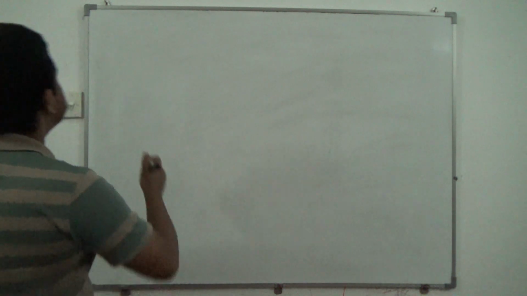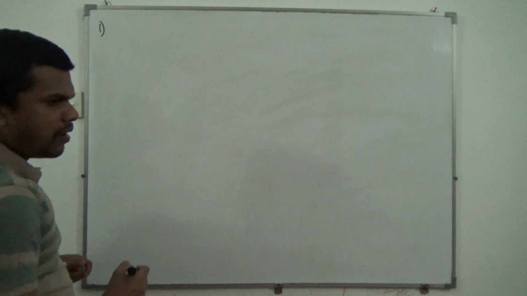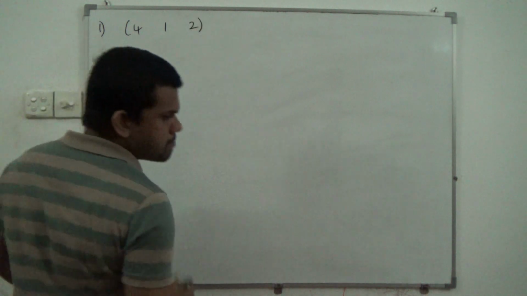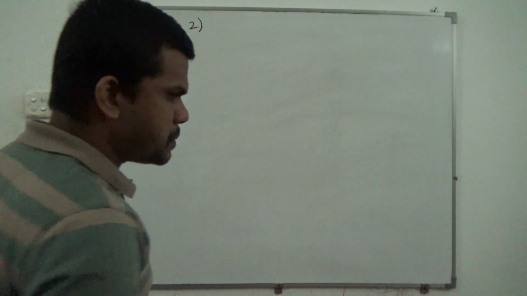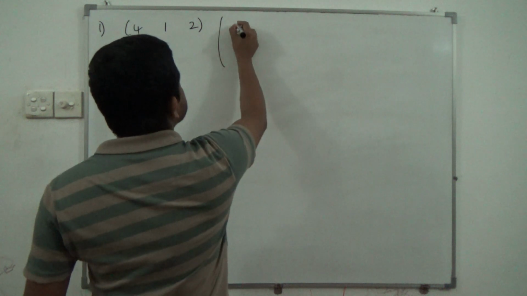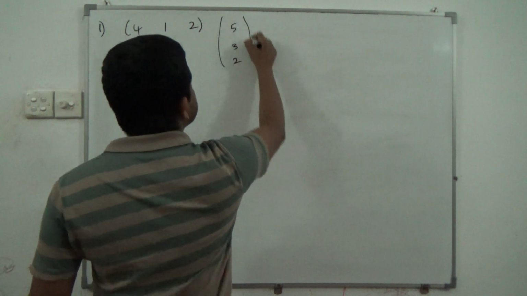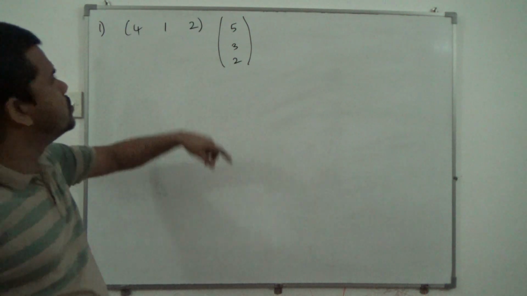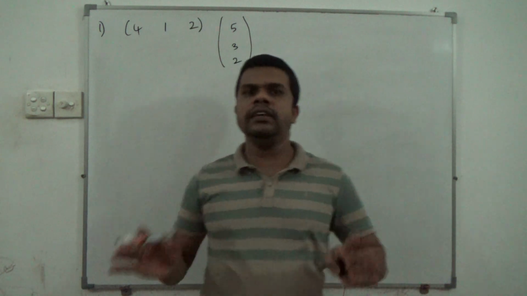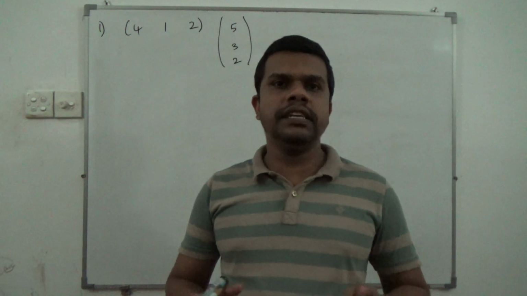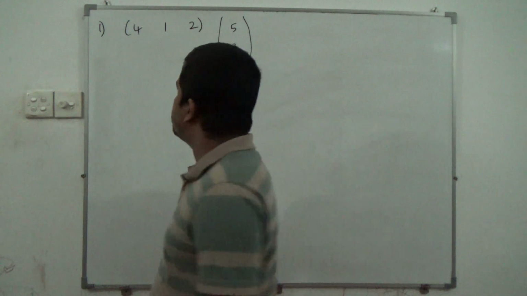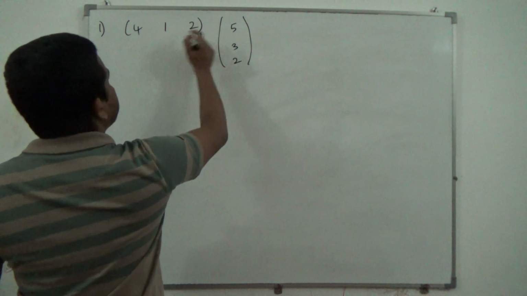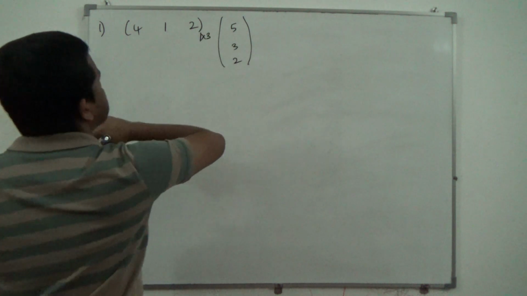Let's look at the first example. We have 4, 1, 2 and 5, 3, 2. We are asked to multiply these two matrices. First of all, we should check whether the multiplication is defined. Here we have one row and three columns.